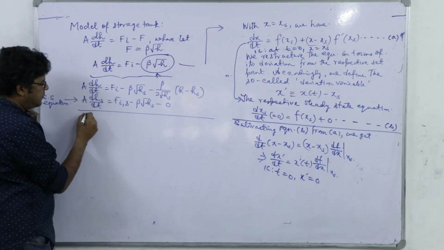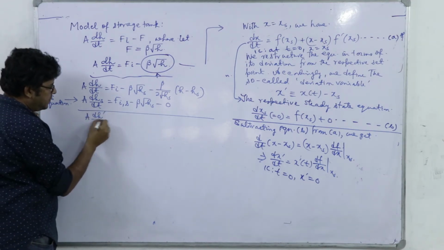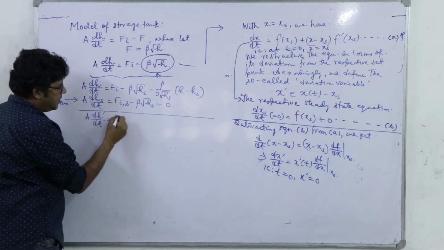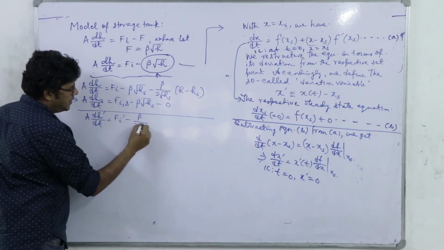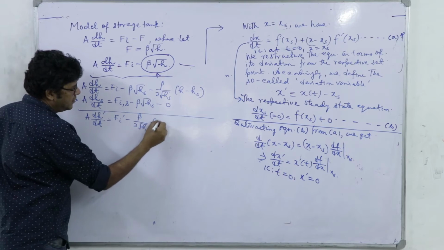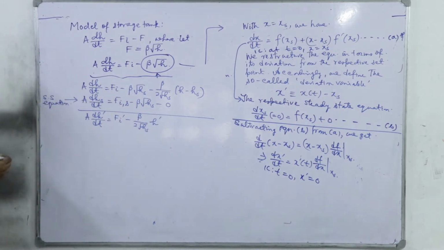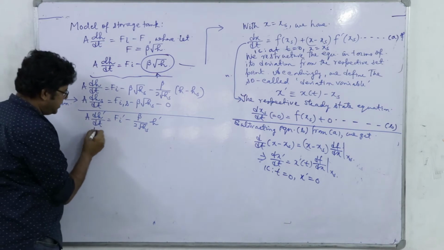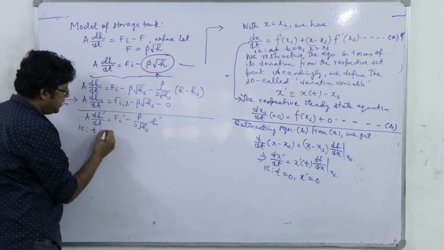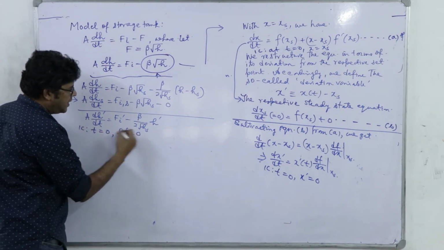So if I subtract, it will be dh prime/dt is equal to Fi prime minus beta by root 2 hs into h prime. Here you see the initial condition: at t equal to 0, h prime is equal to 0.